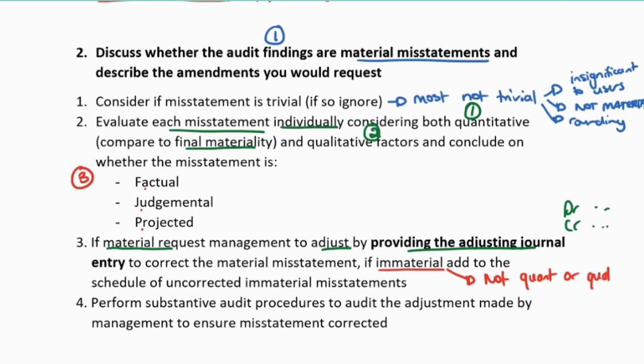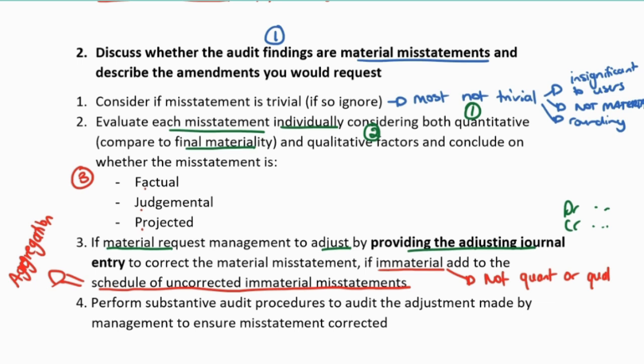And those are then put on the schedule of uncorrected immaterial misstatements. And I need to show them. That's what I've done. Because when I'm discussing amendments, I need to still consider the aggregation of all the uncorrected immaterial, because they together could be material.